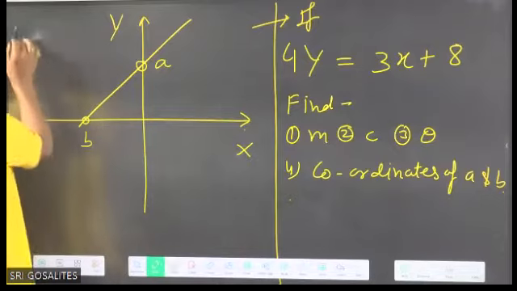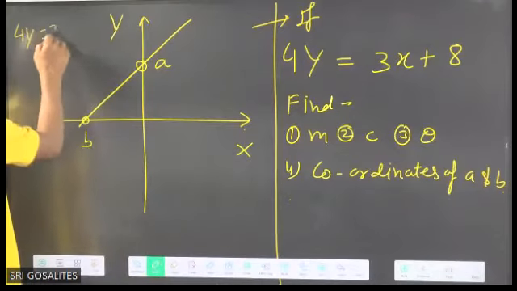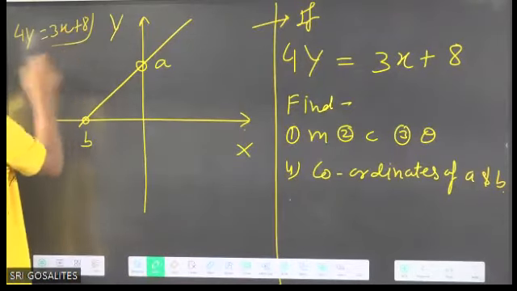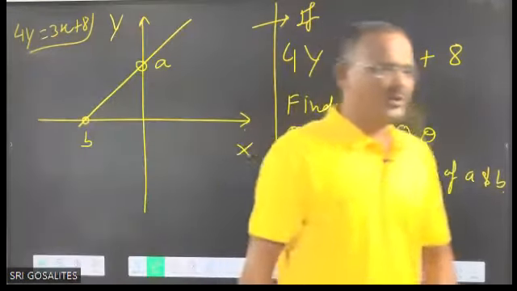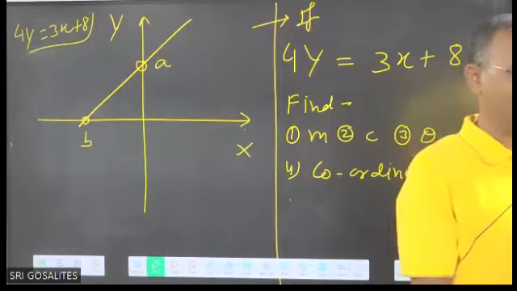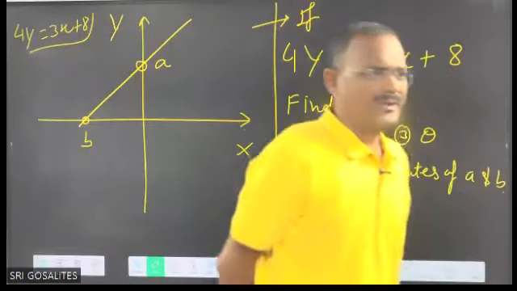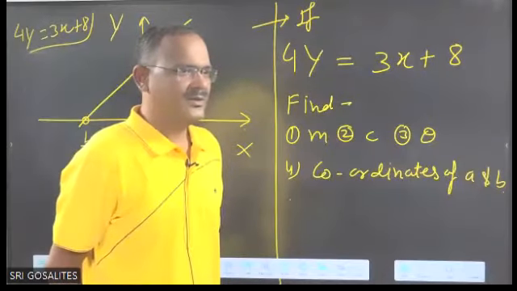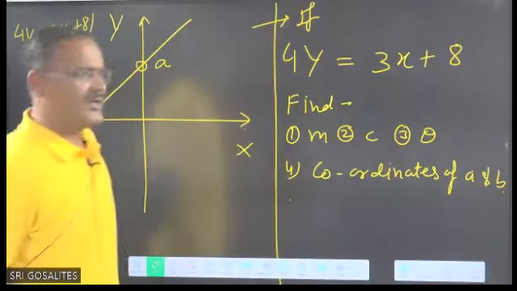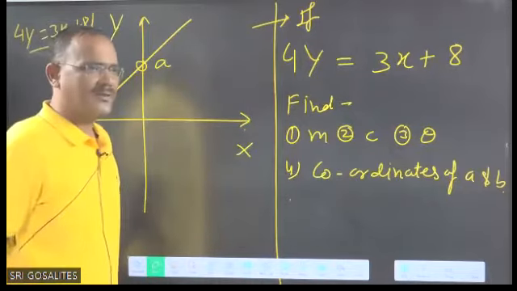So this equation is 4y equals 3x plus 8. Good. Many of you are getting it right. Shabash, bachcho. Keep texting your answer. Good. 0,8. No, beta, Kusmanjali. Write in the standard form.